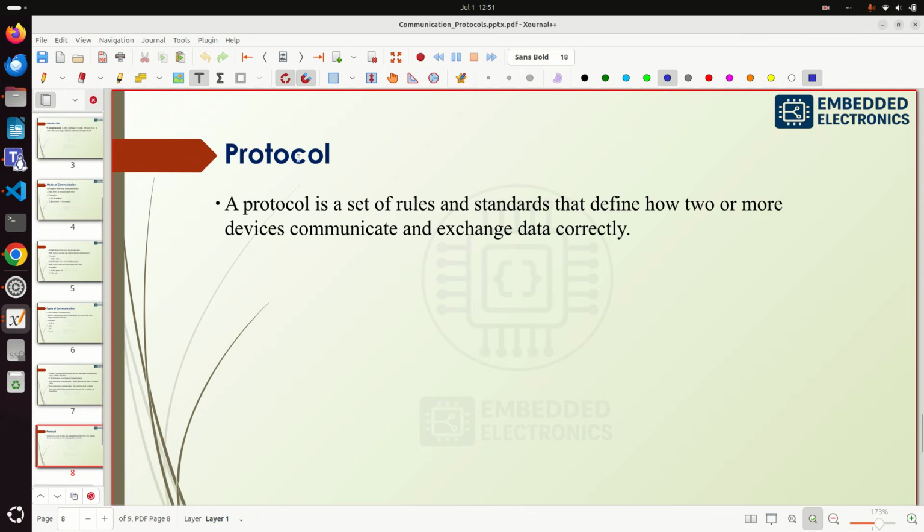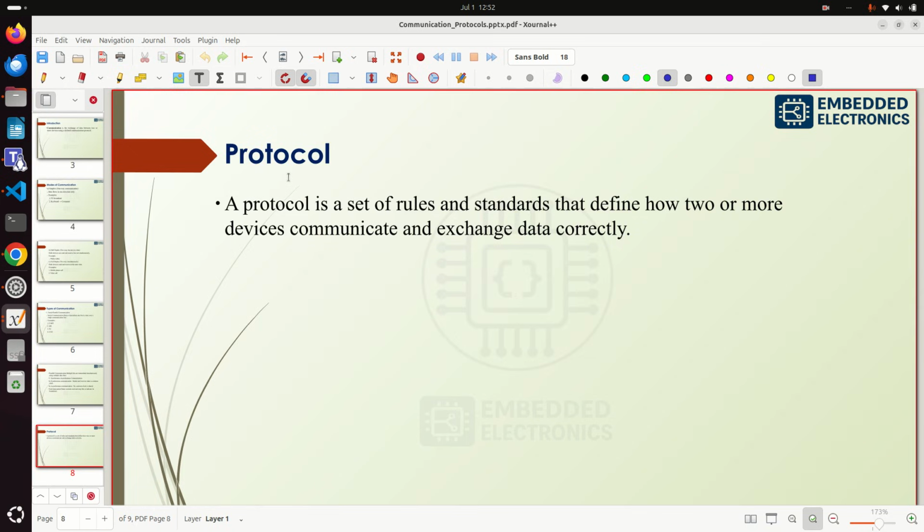And next is the protocol. So what do you mean by protocol? A set of rules and standards that define how two or more devices communicate and exchange data correctly. So protocol is nothing but rules. So imagine there are no traffic rules.